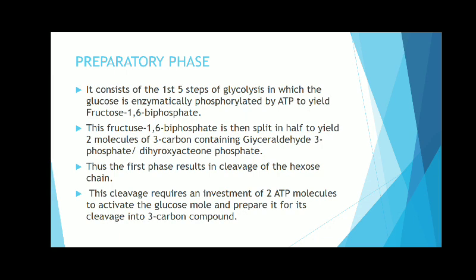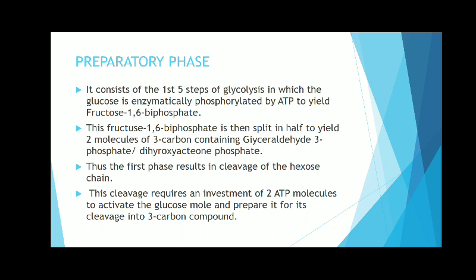So moving further with the preparatory phase, it consists of the first 5 steps of the glycolysis, in which the glucose is enzymatically phosphorylated by ATP to yield fructose 1,6 biphosphate. Now this fructose 1,6 biphosphate is then split in half to yield two molecules of 3 carbon containing glyceraldehyde 3 phosphate and dihydroxyacetone phosphate.